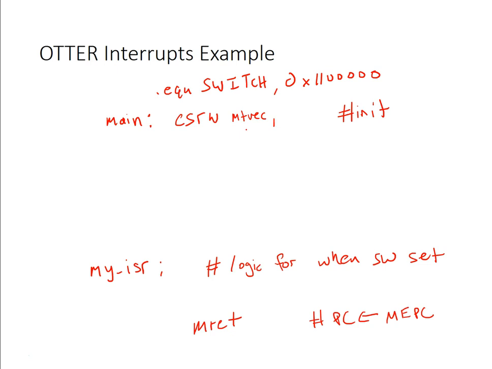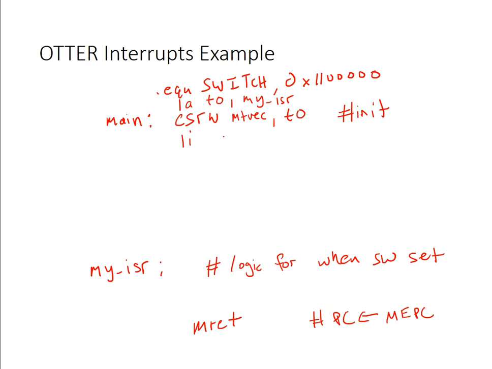And the value that I'll write into the machine trap vector, I actually need to load previously into another register, so I'll do a load address into the register T0, and I'll put the address for the first instruction that's in my ISR routine in that register. So then I'll write to MTVEC, the machine trap vector, so I'm setting up my machine so it knows where to go when the interrupt occurs.